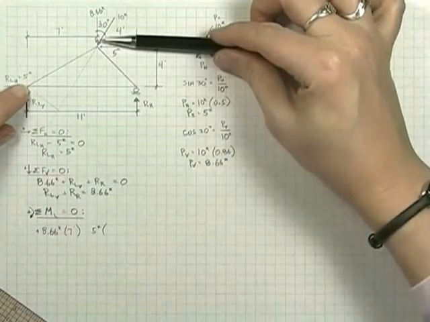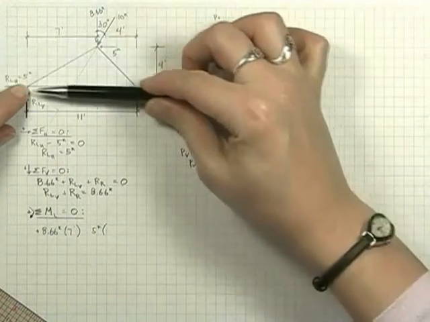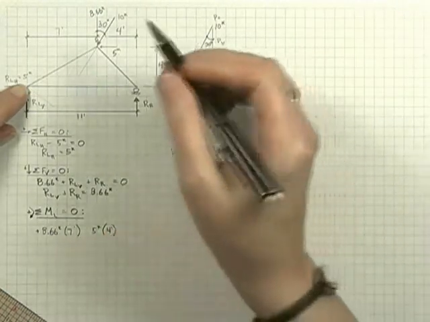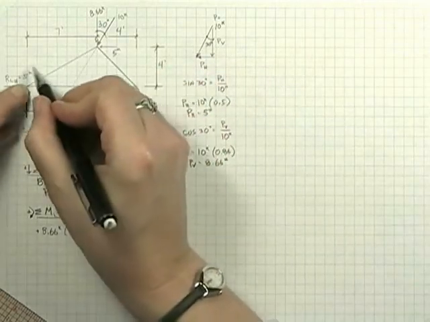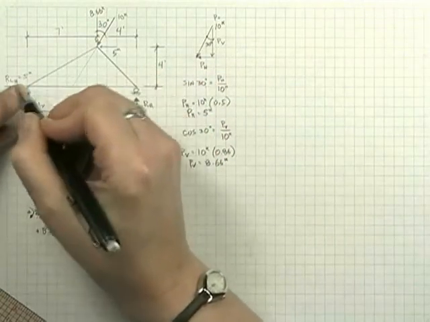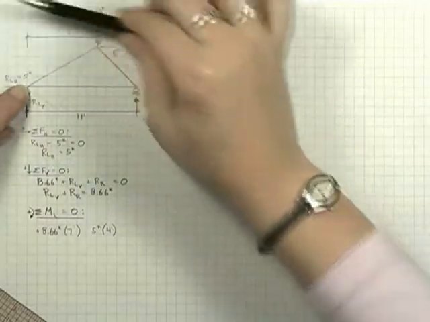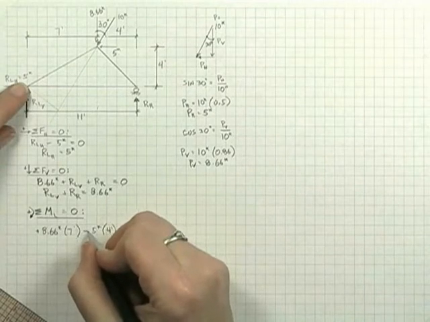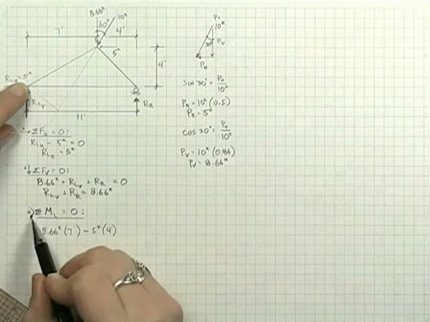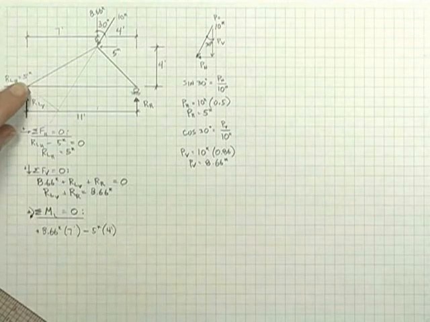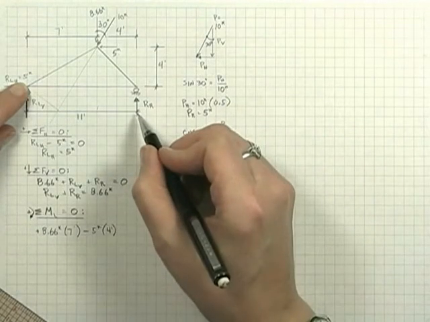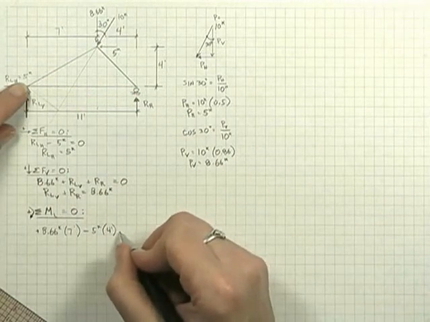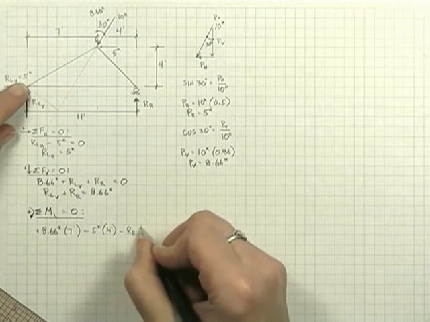Its moment arm, the perpendicular distance between it and the point we're considering, is 4 feet. Its tendency to rotate is counterclockwise. If it were tied onto the left-hand side, it would rotate in a counterclockwise direction. Therefore, it's negative, because that's what our sign convention says. Anything that's counterclockwise will be negative. R right also goes in a negative direction, and it's at 11 feet.